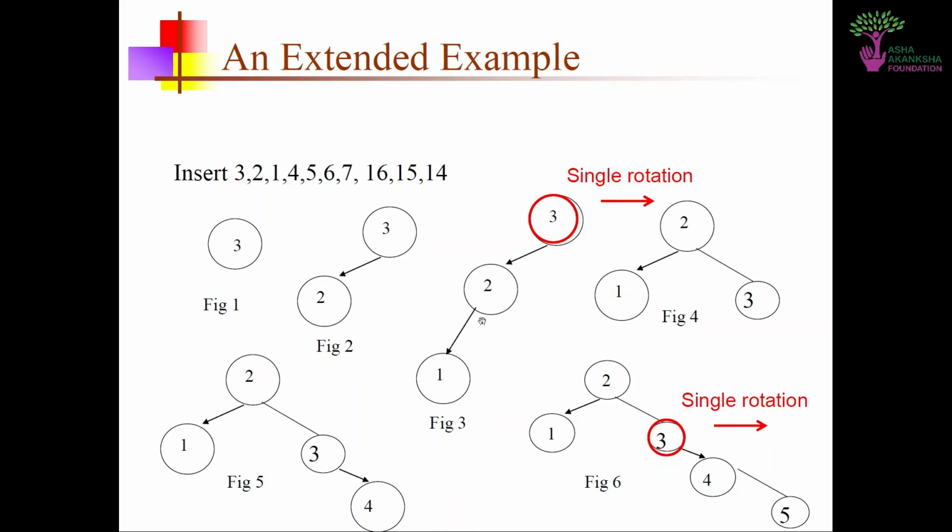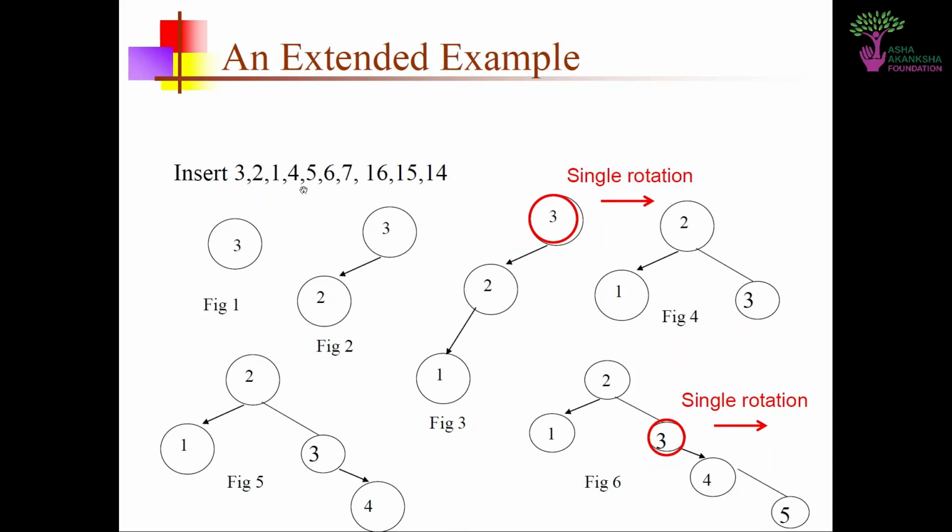In this case, it is left of left, so we have to perform a single rotation to the right, rotating everything towards the right. Our new subtree would look something like this: 2 becomes our root node, 1 is to the left and 3 is to the right. Now this new tree in figure 4 is satisfying the AVL property. So insertion of 1 is complete.